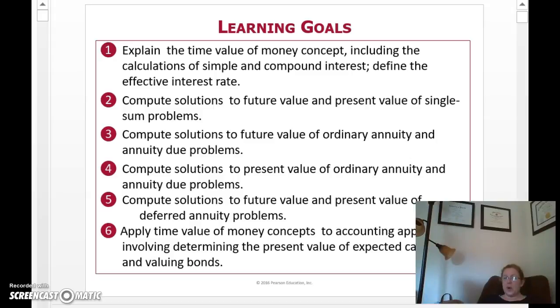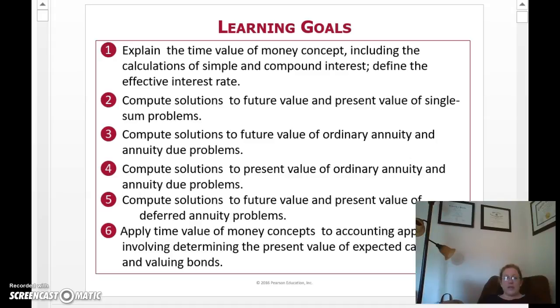As with the single-sum problems, each problem is discussed using the 4 approaches: formula solutions, factor table solutions, spreadsheet solutions, and financial calculator solutions. And an example problem is provided for each type of problem presented.